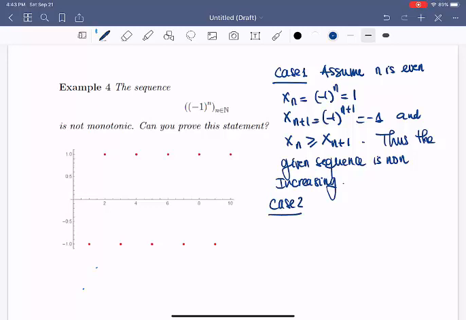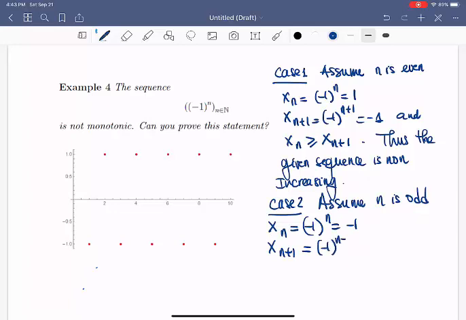Case 2, assume that n is odd. In this case, xn will be negative 1 power n, which is of course negative 1, and xn plus 1 is going to be negative 1 power n plus 1, which is 1 since n plus 1 is even. And as a result, we'll have here that xn is in fact less or equal to xn plus 1.